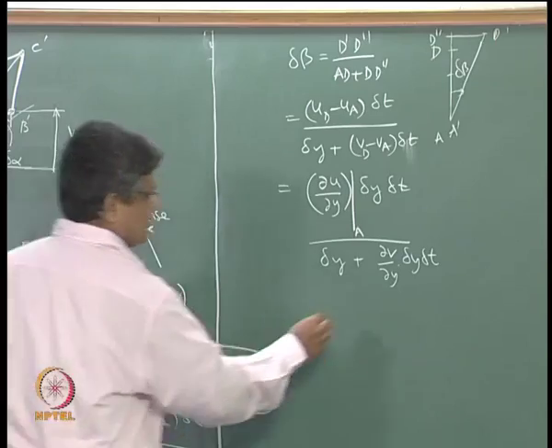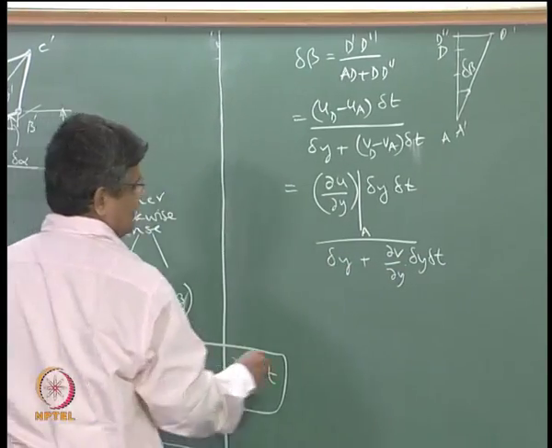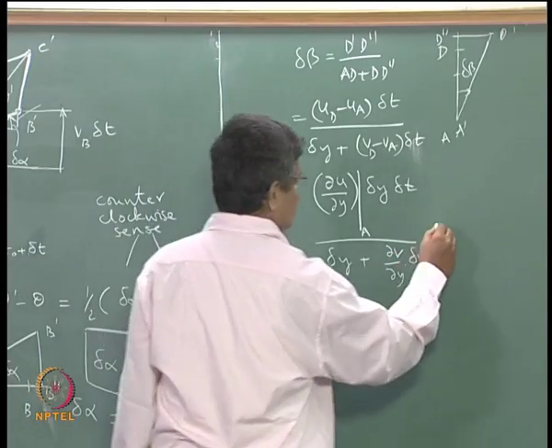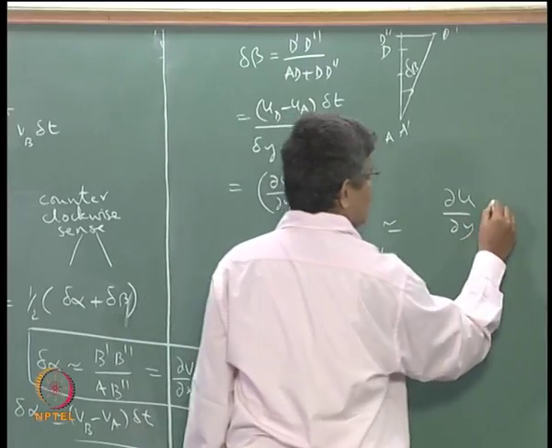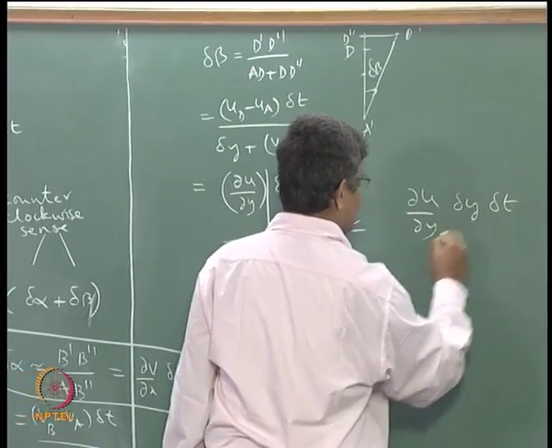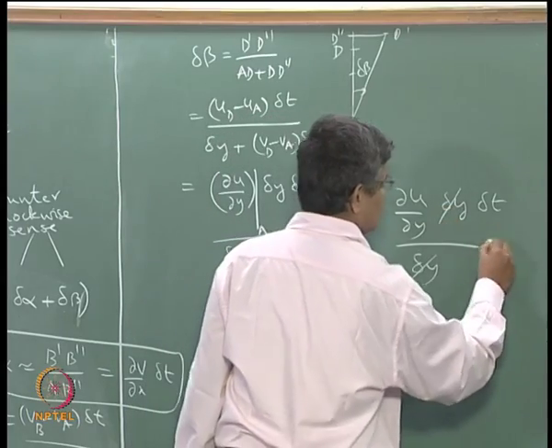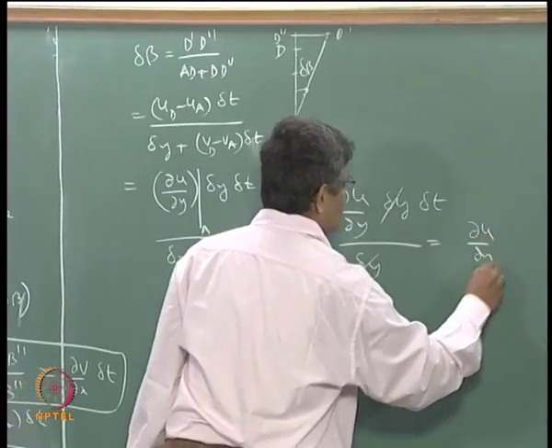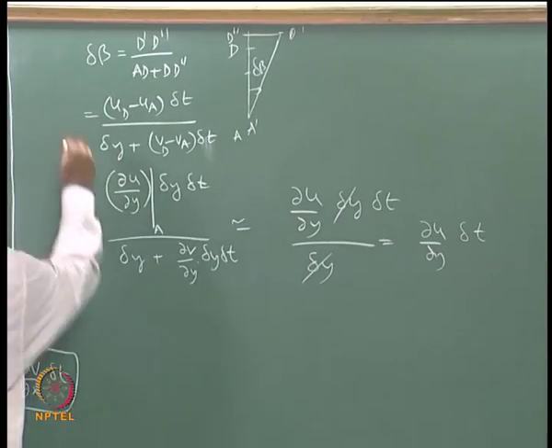Again we neglect this as small compared to this, so we can write this roughly as dou u by dou y times delta y delta t divided by delta y. So, this cancels out and we get dou u by dou y times delta t, and this is for minus delta beta.